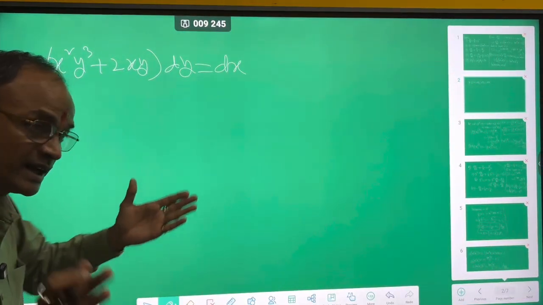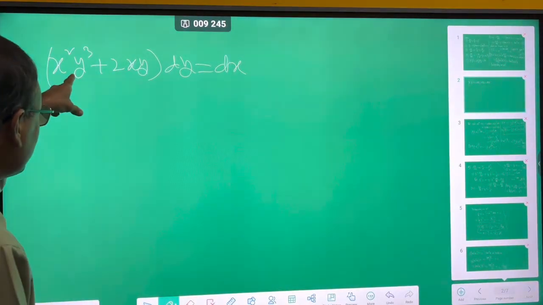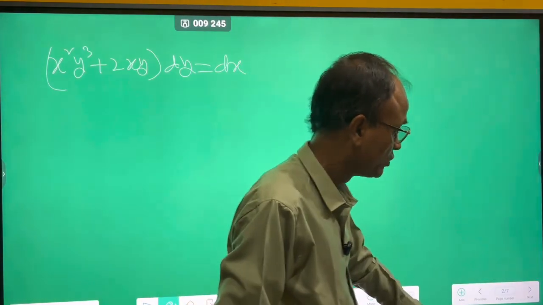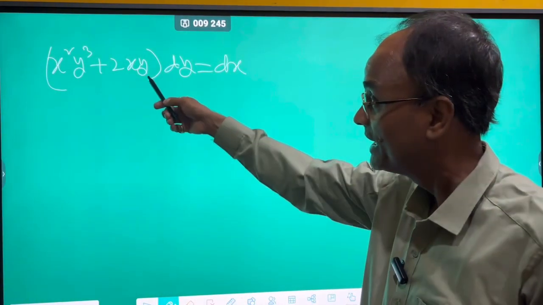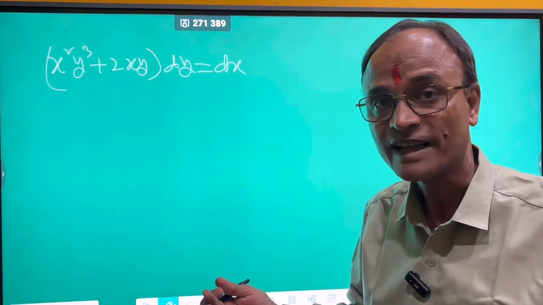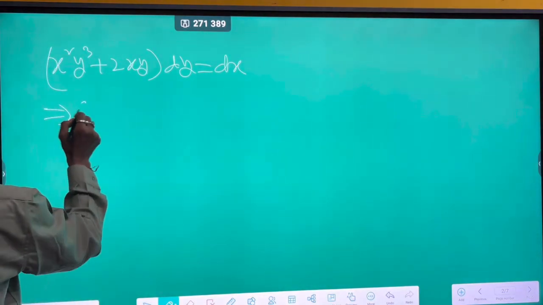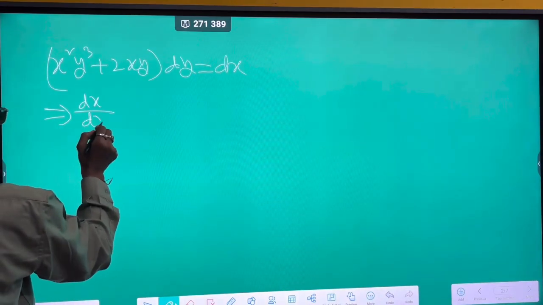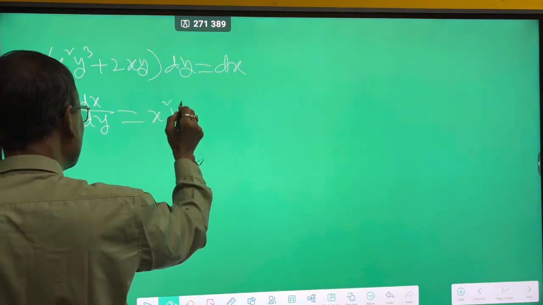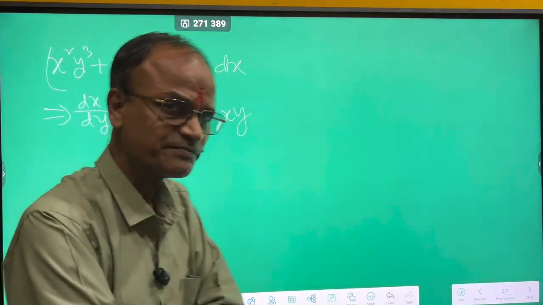Now you see, if you write dy by dx, then it will be dy by dx equal to 1 divided by x square y cube plus twice xy. Therefore, write dx by dy. Write dx by dy equal to x square y cube plus twice xy. You will get this one.